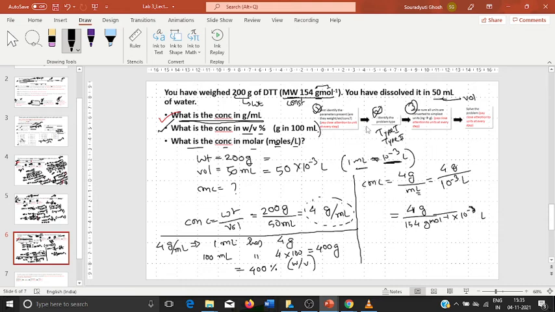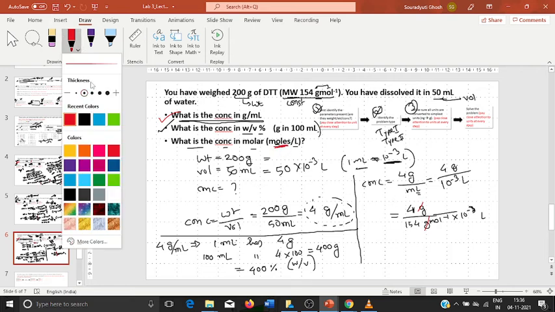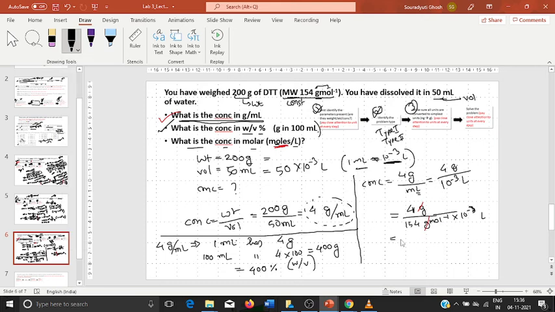The gram is going to cancel out, and we will get the mole in the numerator as we want in the final answer. So 4 by 154 into 10 to the power minus 3, and mole goes to the numerator by liter. Mole per liter is the same as molar. So that is the answer.